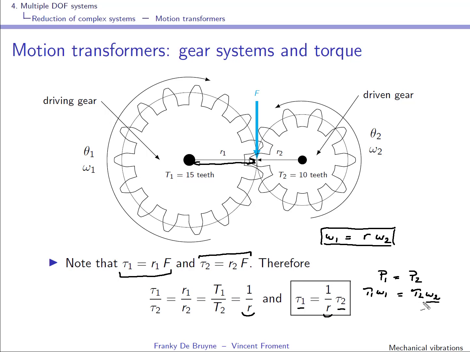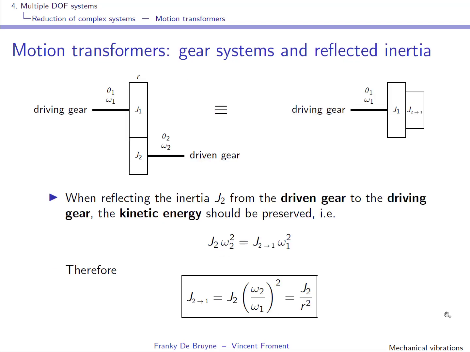And you see that this is indeed the case with these two relations. Of course, when writing something like this, we forget about friction, and we forget about the efficiency of such a gear system, but we'll come back to that later.